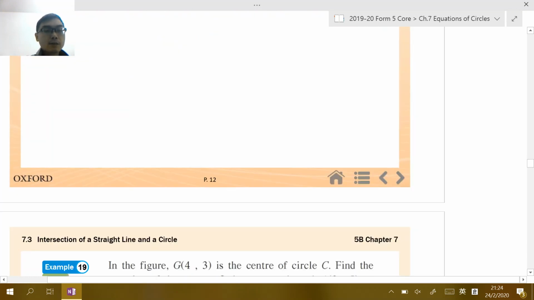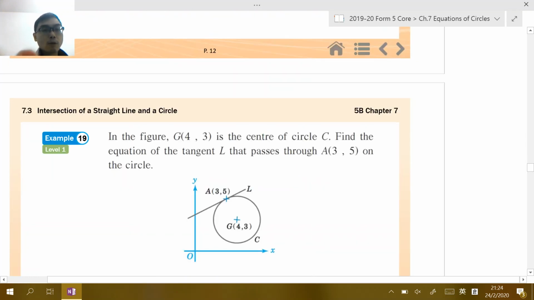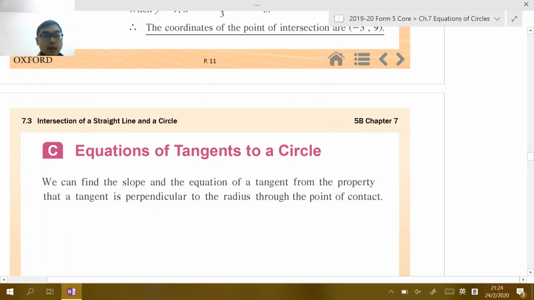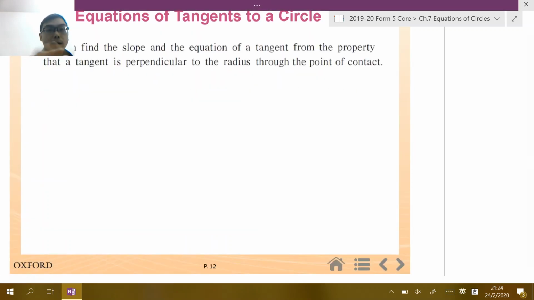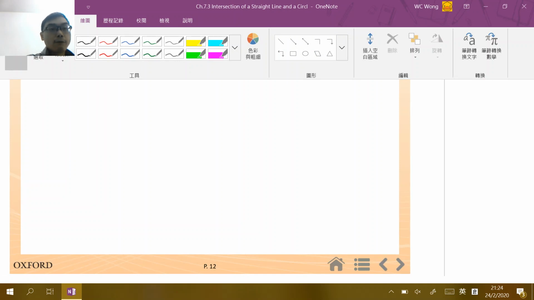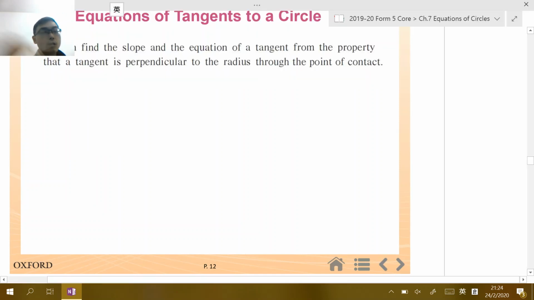But here, I would just like to bring to you what the books want to tell you. If now I want to talk about the equation of tangents to the circle, what you need to remember is that before you find the equation, you may have to get some geometric properties about the tangent.